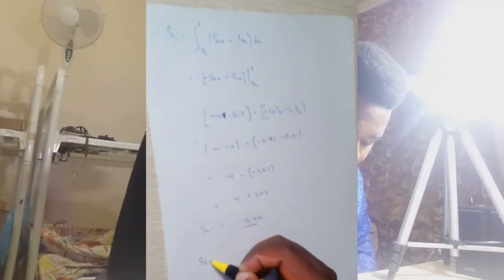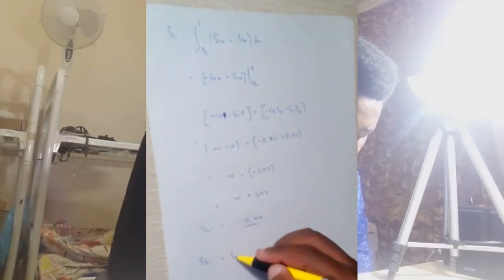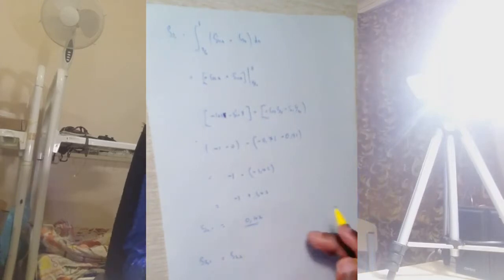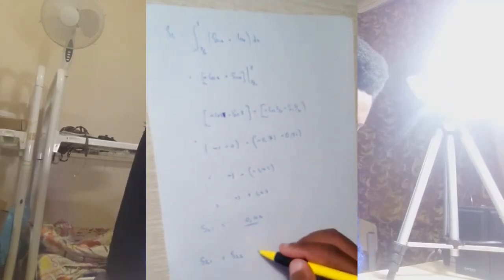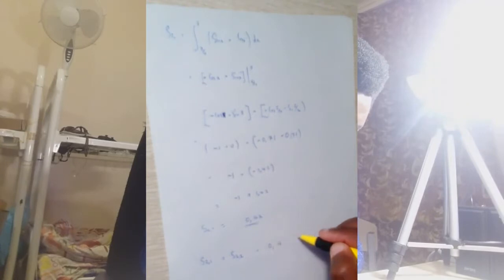S2.1 by symmetry is equal to S2.2, which is equal to 0.42. So generally we have found all the area bounded by these graphs.